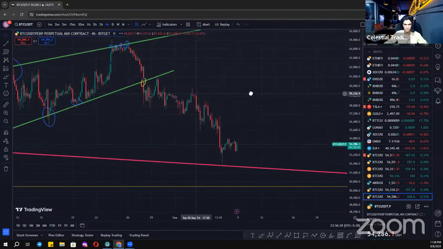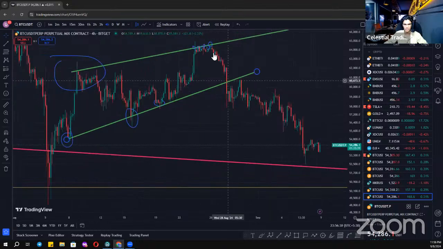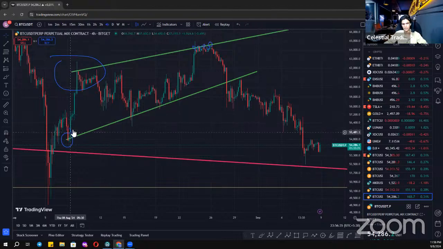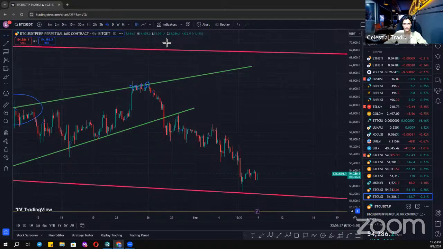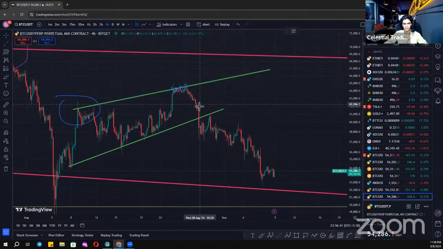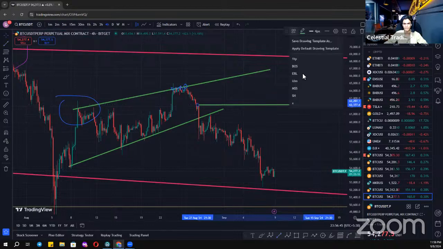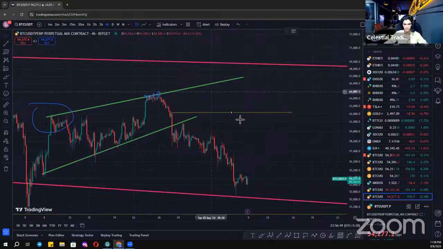Now let's get in deeply, furthermore deeply in this analysis. Okay, and we have liquidities here in this order block, and we have numerous liquidities here.